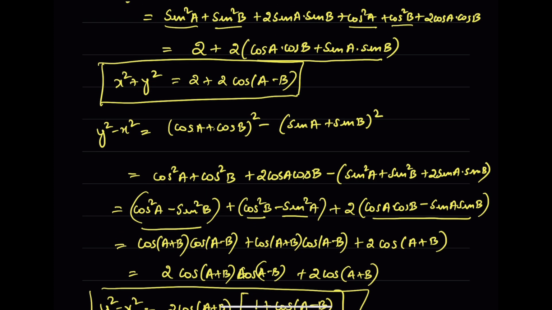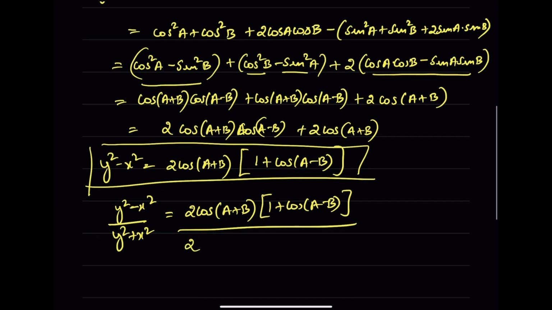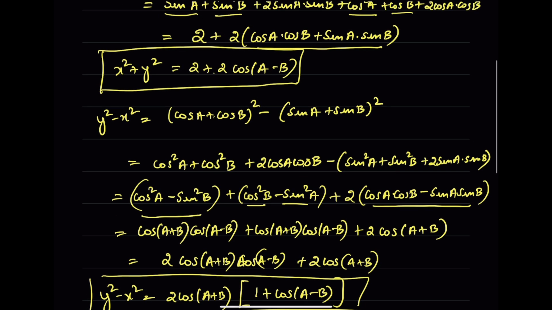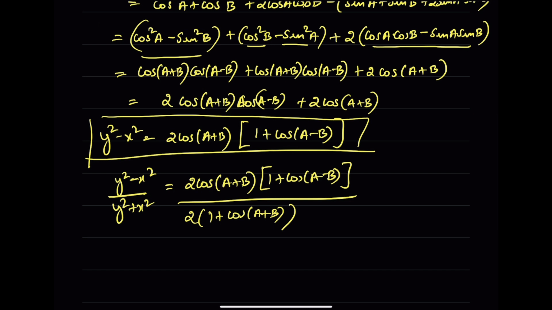It is 2 times 1 plus cos of A minus B, correct? Because we have taken 2 as common between these two terms. Now if you notice, we can cancel these terms, 1 plus cos of A minus B, and 2 also gets cancelled. So y square minus x square divided by y square plus x square is cos of A plus B.